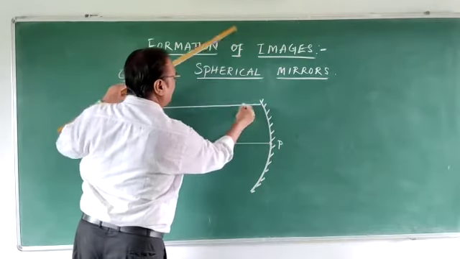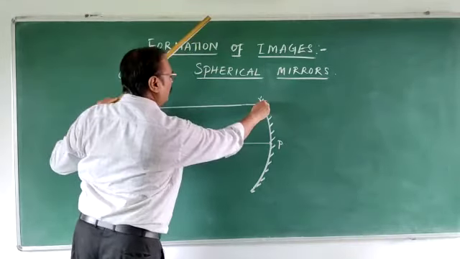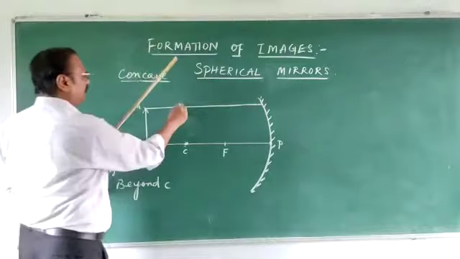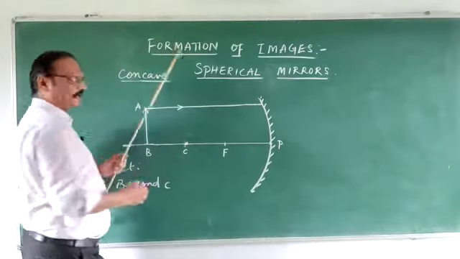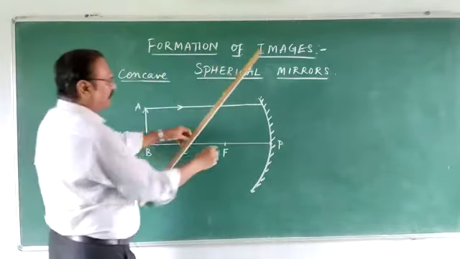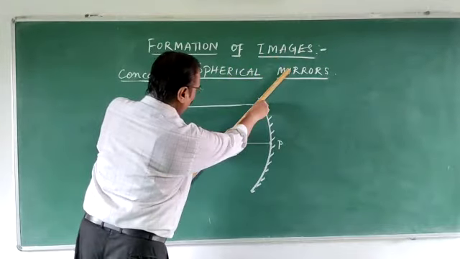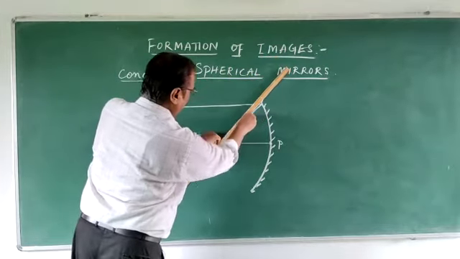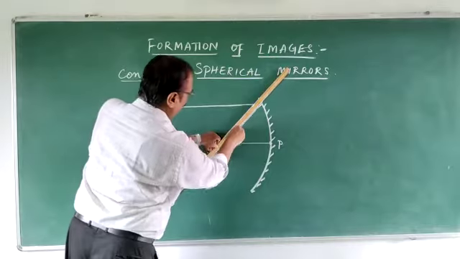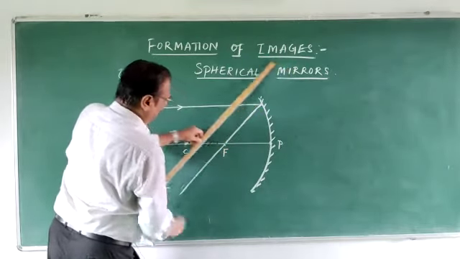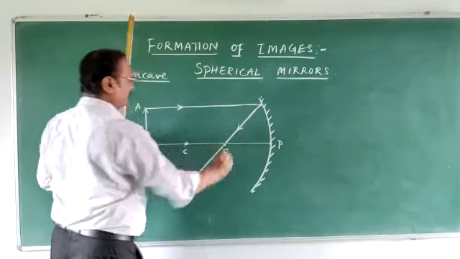A ray which is passing parallel to the principal axis, what will happen to the ray? In this ray diagram, you have to draw an arrow, which is the direction. It will pass through the focus. Fine. So this is the first ray.